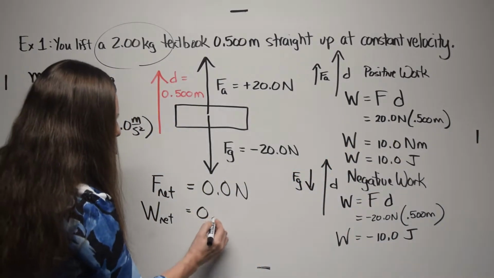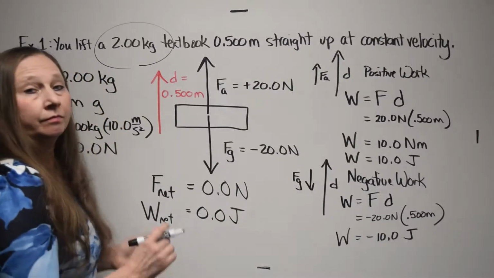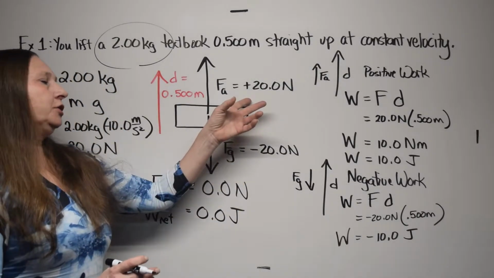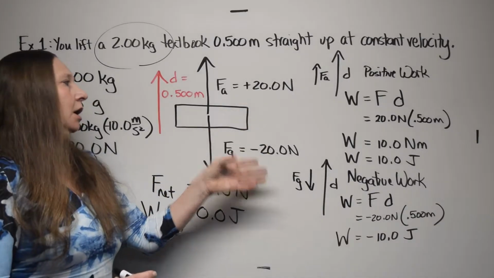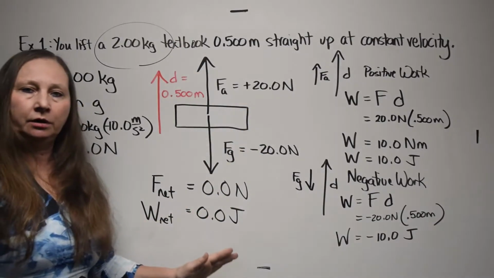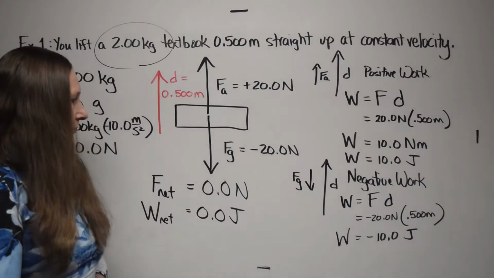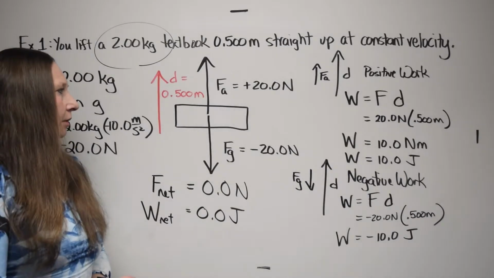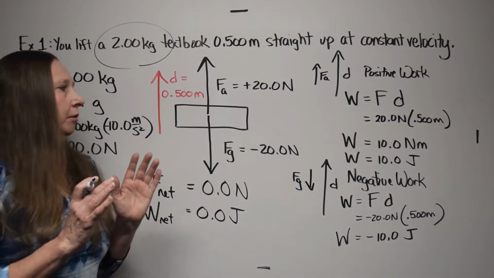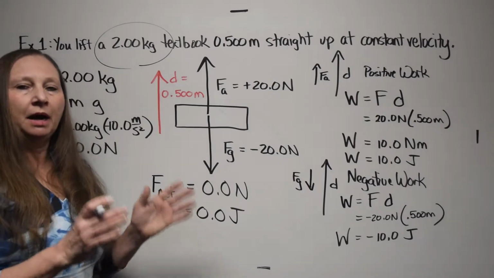The net work done is 0 joules. All right, this force did positive 10 joules of work. This force did negative 10 joules of work. Ultimately, the net work done was 0 joules. Okay, very simple. You're basically just multiplying the force by the displacement.